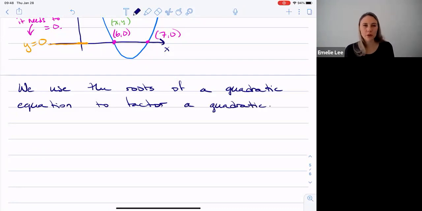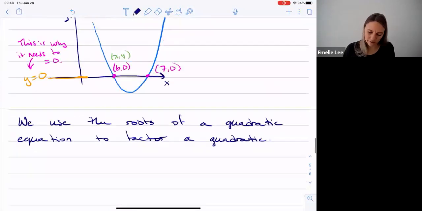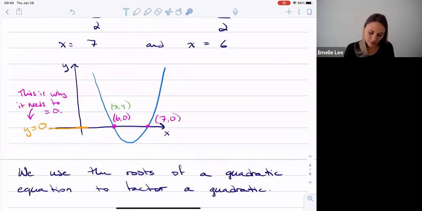Okay, so how do we do that? Well, from here we found the solutions to be x equals 6 and x equals 7.